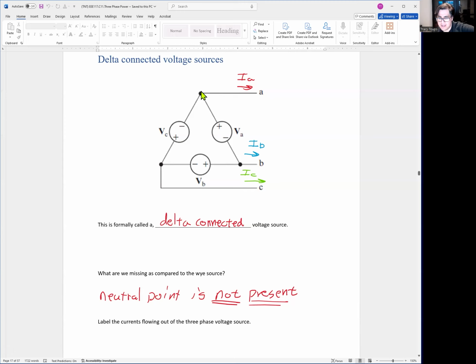Every point, A, B, C, is only interacting with 2 voltage sources. So all these points will be non-zero numbers. Okay. So Y-connected source, very common. Delta connected source, very uncommon, but they are out there for other reasons.